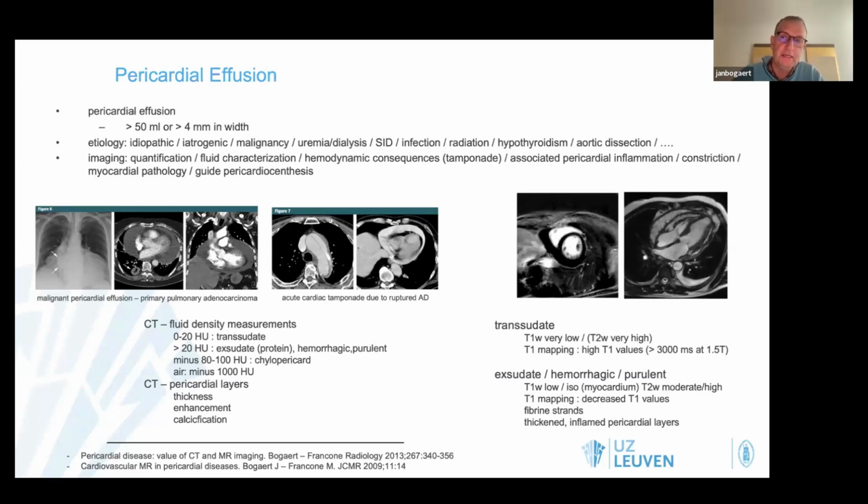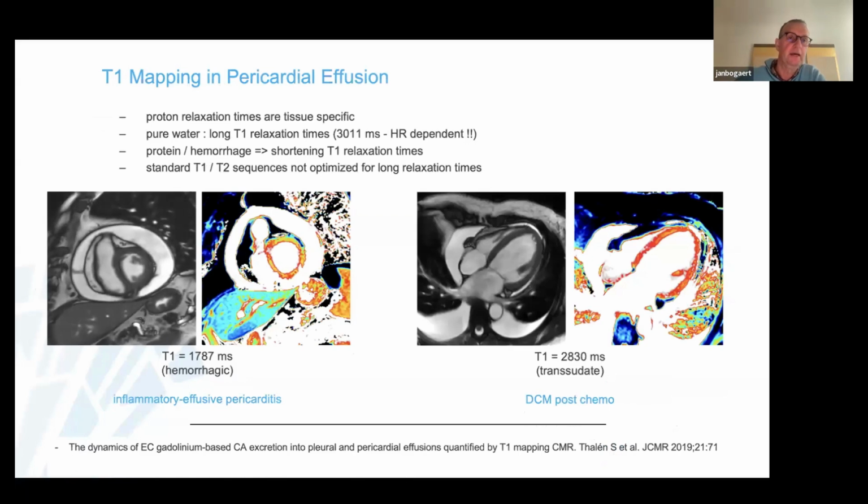And in between, in the pericardial effusion, you see the presence of fibrin strands. And what can be helpful is to use T1 mapping to have an idea about the consistency of the pericardial fluid.